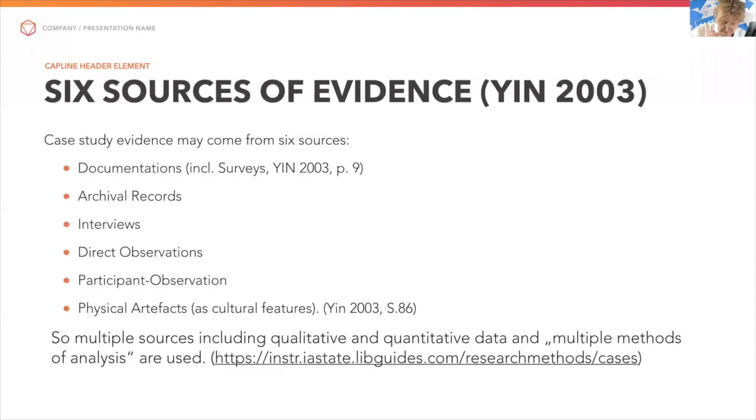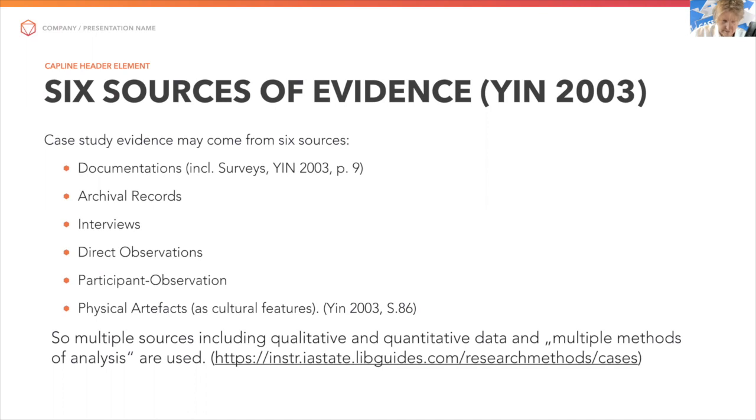Secondly, the bias about database. Yin explains that there are 6 sources of evidence in case studies: documentation, archival records, interviews, direct observations, participant observations, and physical artifacts. So multiple sources are included in case studies.